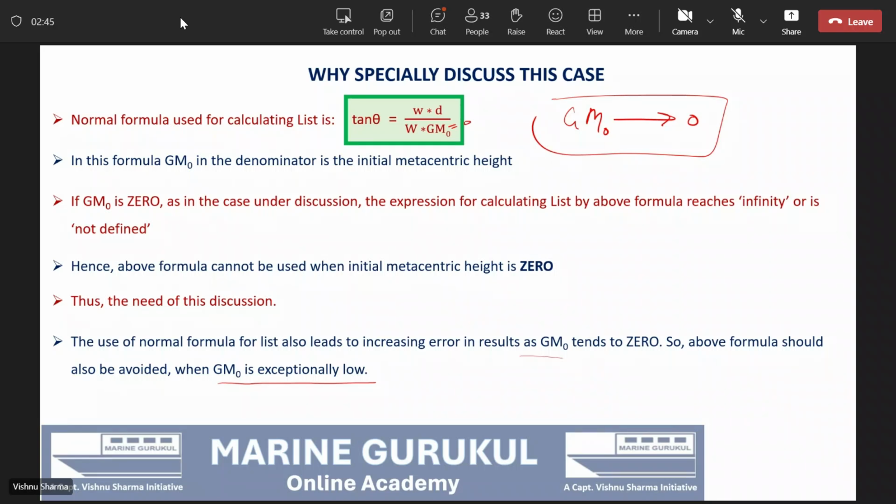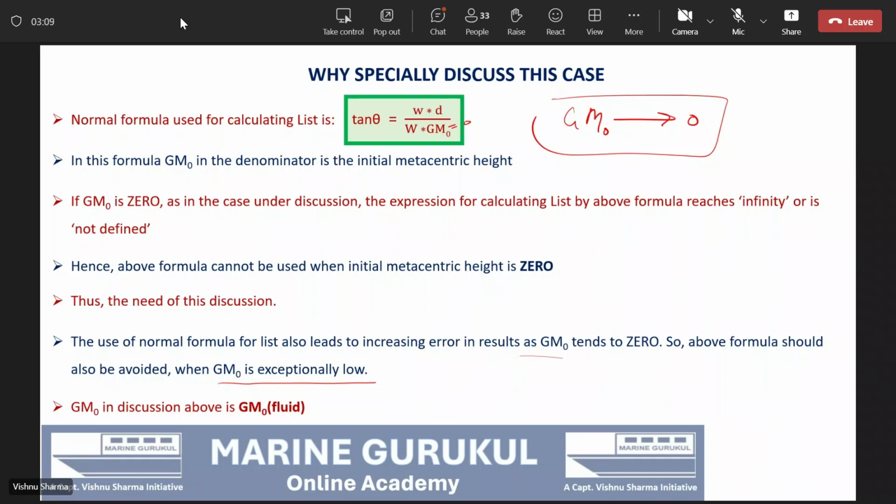But the formula is strictly for the case when it is 0. But if you go through the formula and use your logic, you'll find that I would strongly recommend using this formula when you find that GM is exceptionally low. Let's run through the formula first. And GM in this discussion is GM fluid.